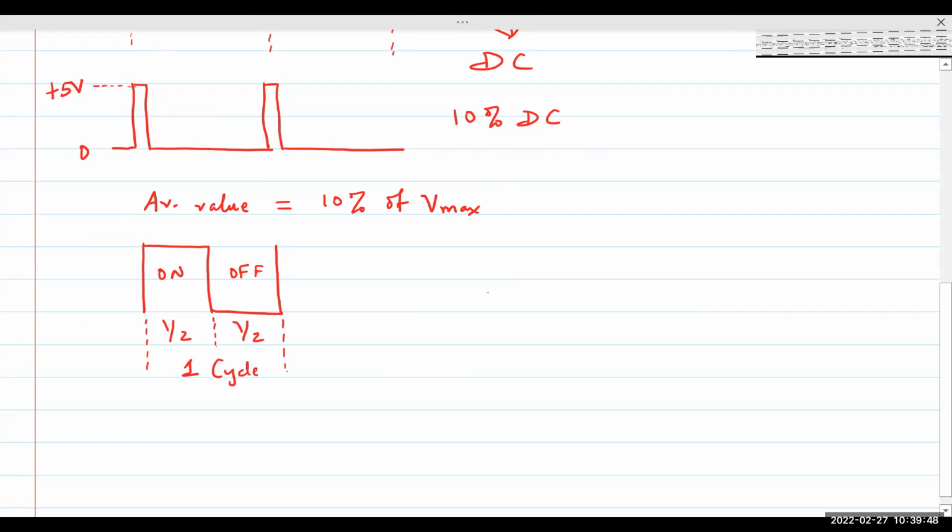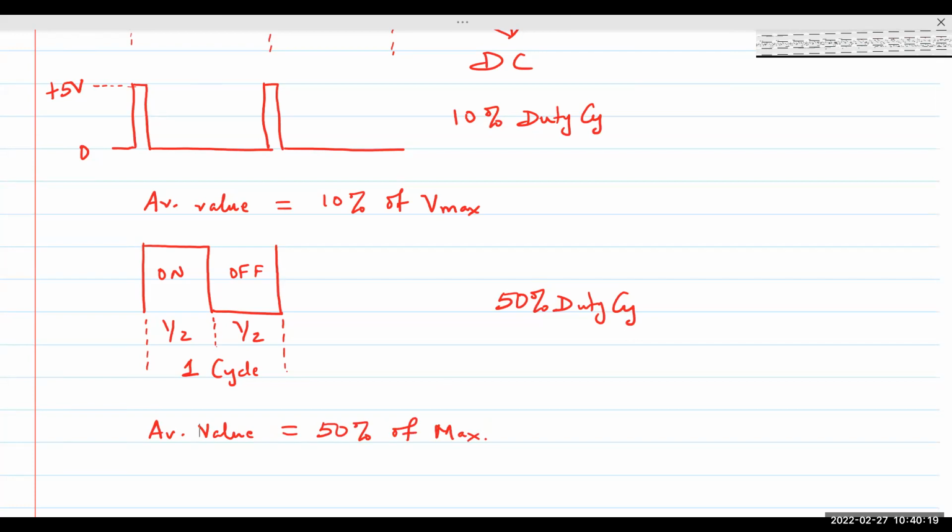And so you get a 50% duty cycle. Actually, let me not use DC because I'm using DC over there. So, duty cycle. With a 50% duty cycle, the average value of this waveform would be 50% of max. And this actually answers question number 2.